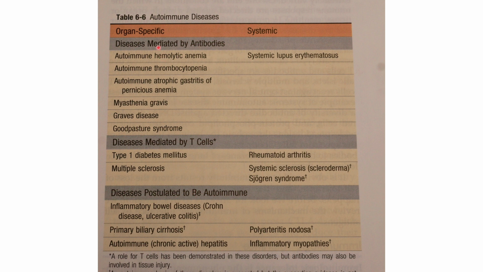So there are organ-specific versions here, systemic versions here, T-cell immune mediation, autoimmune probable antibody mediated here.